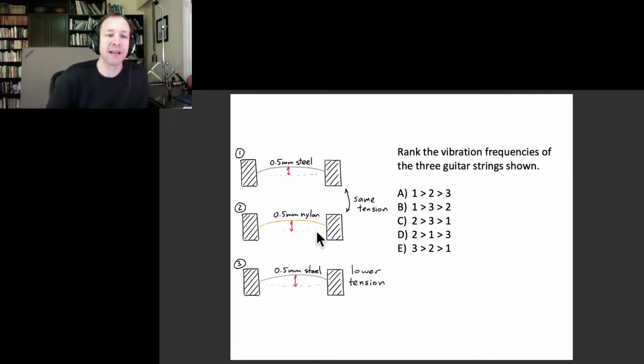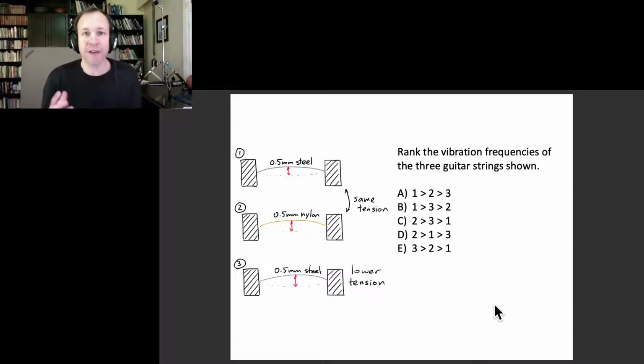But one of them's nylon and the other two are steel, and one of the steel ones has a lower tension than the other two. So I want you to try to rank the vibration frequencies of these three guitar strings shown. So pause the video, take a moment to try that, and then we are going to talk about it.